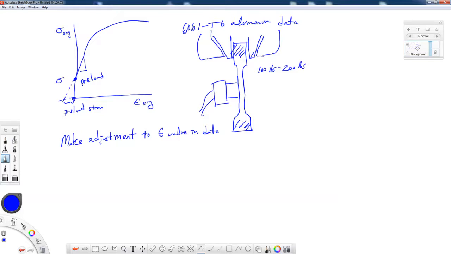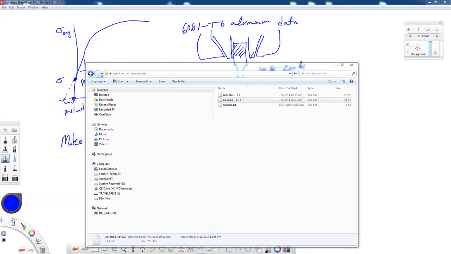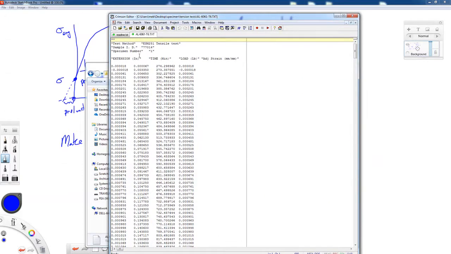So now in this data file, see if I can find that and open that up for you. Here's a A36 steel, here's 6061. We're going to look at that. In this data file, we have extension, time, load, and strain. And the extension is the extensometer reading.